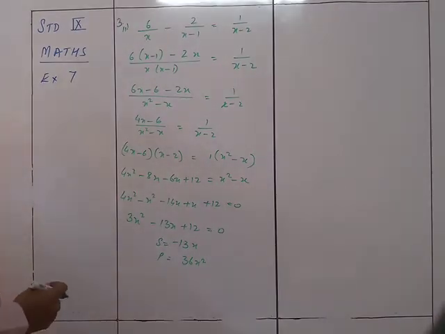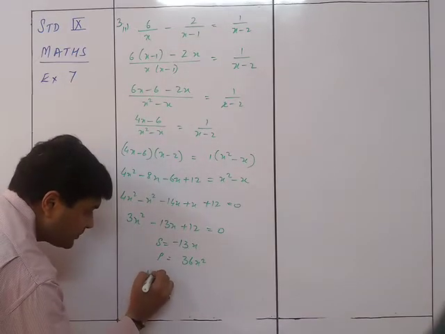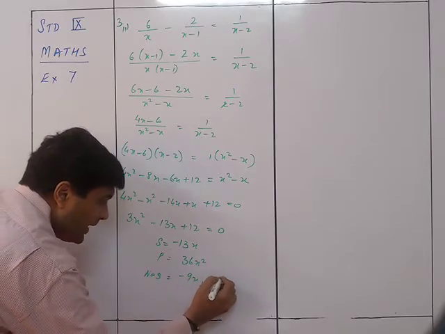Okay? 36, 9 and 4. 9 plus 4 is 13. So, numbers minus 9x minus 4x.